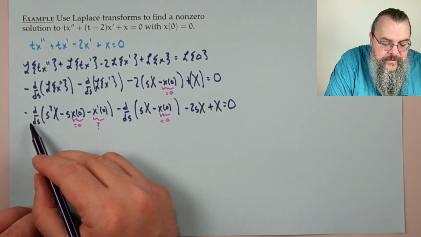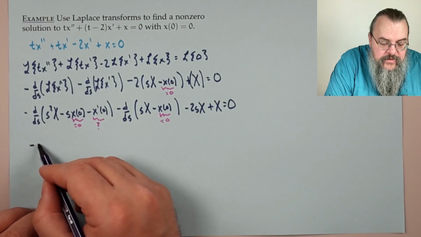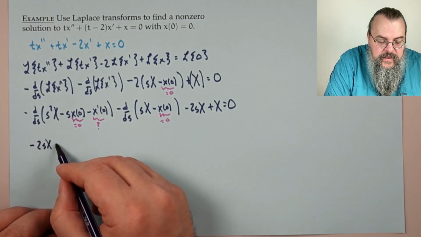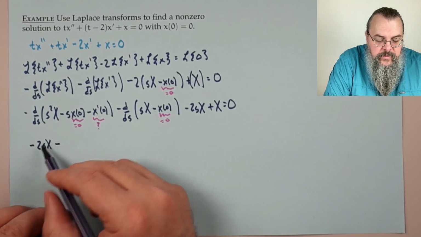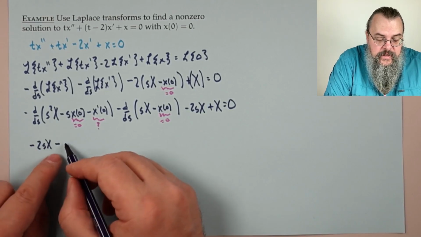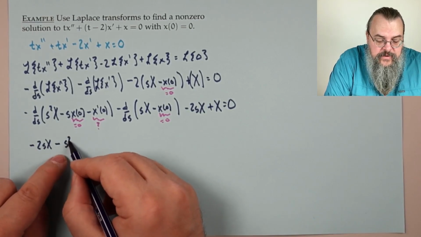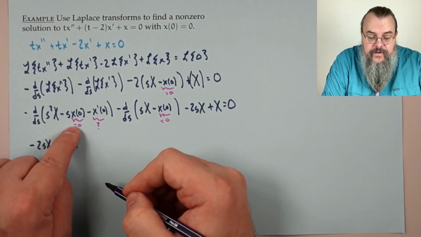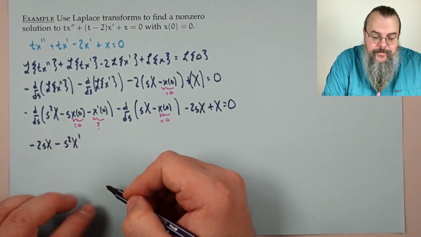All right, so let's work it through. So minus the derivative of the first, 2s capital X, and then, so derivative of the first times the second, we have a minus, and then the first times the derivative of the second. And then that's already 0, and derivative of a constant is 0.